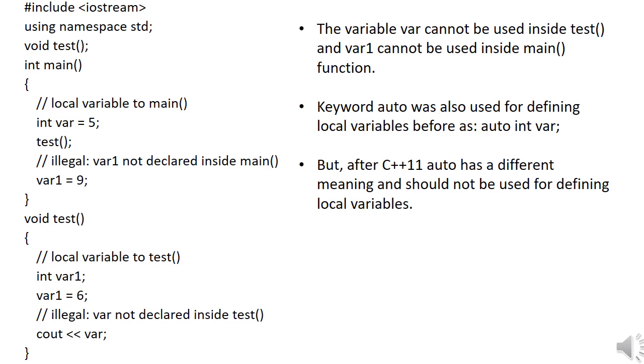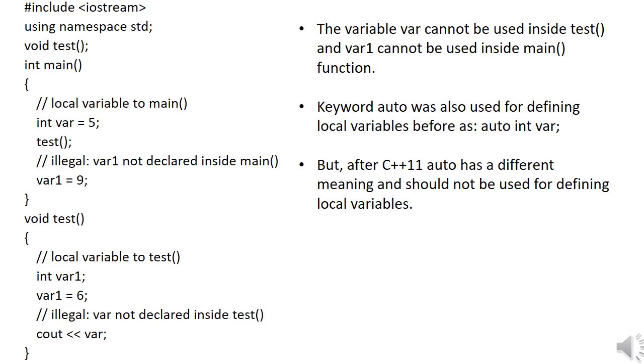At the end of the main function, I assigned a value 9 to var1. Actually, var1 is not a part of the main function because this variable is a local variable of function testof, and the local variable of the main function is var.